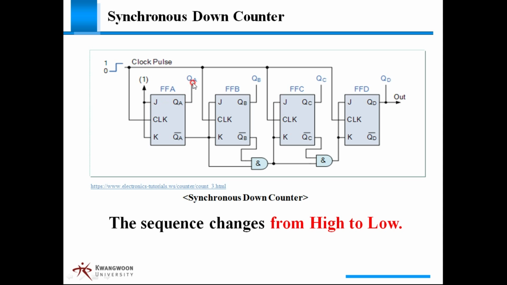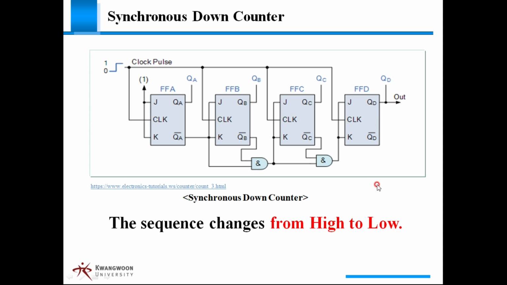QA is changed from 1 to 0, and then QA bar is 0 because QA is 1, so the second flip-flop keeps QB the same as the previous state, and the third and fourth flip-flops also.